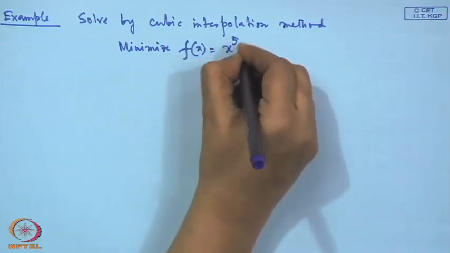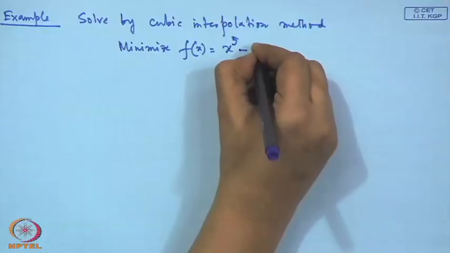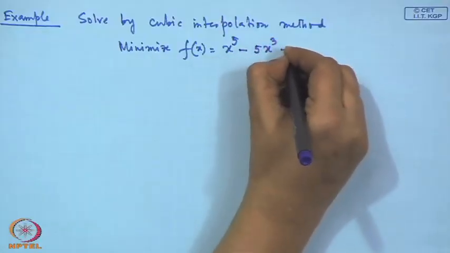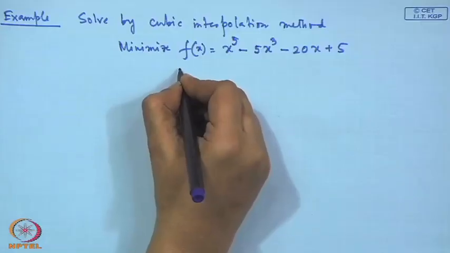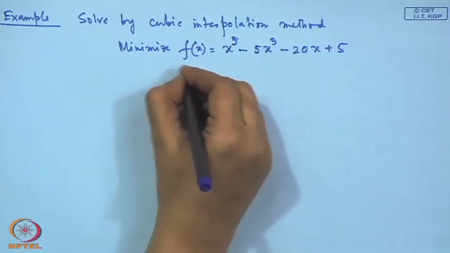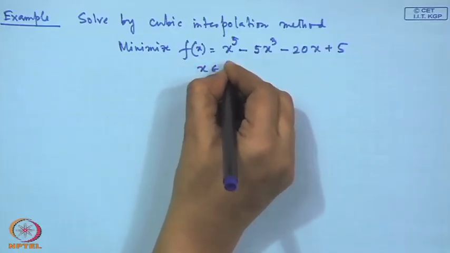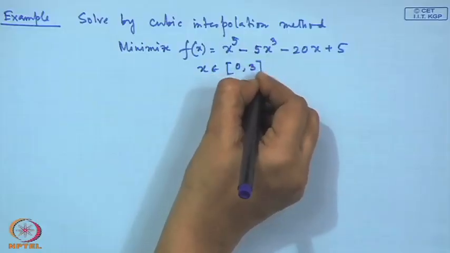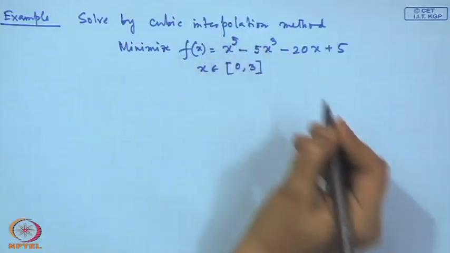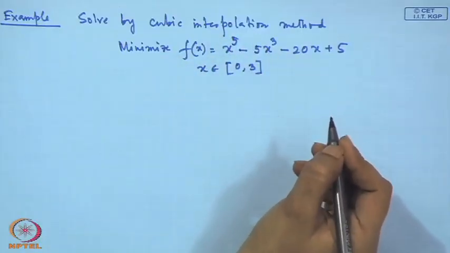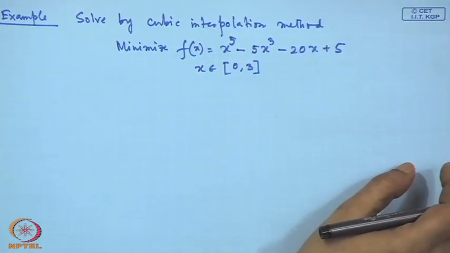We have another polynomial of degree 5, and the initial interval of uncertainty has been given from 0 to 3. And the cubic interpolation technique we will apply means we will approximate this 5th degree polynomial with a lesser order polynomial, that is degree 3.